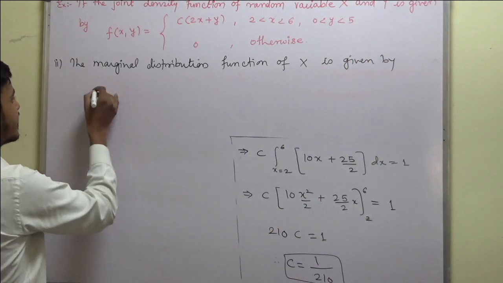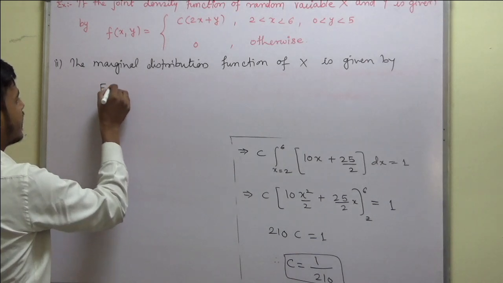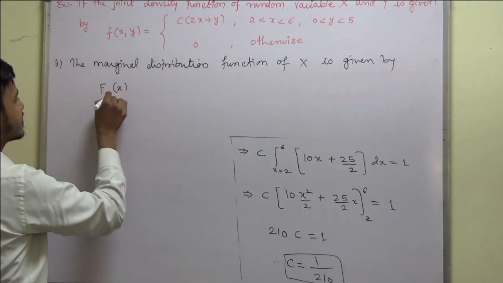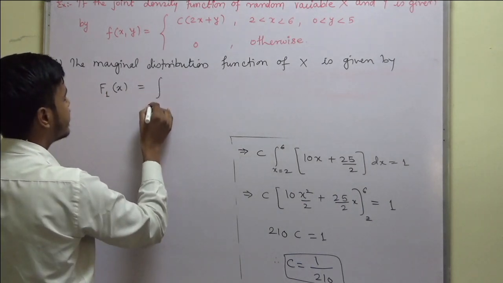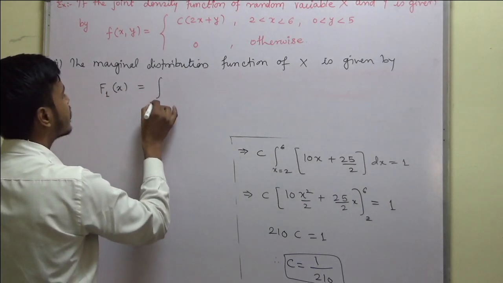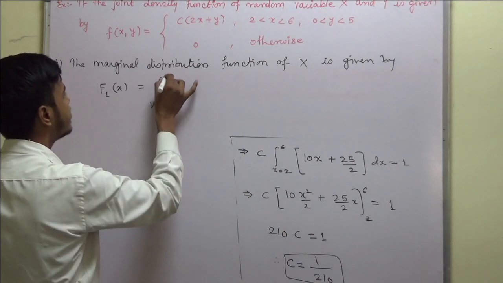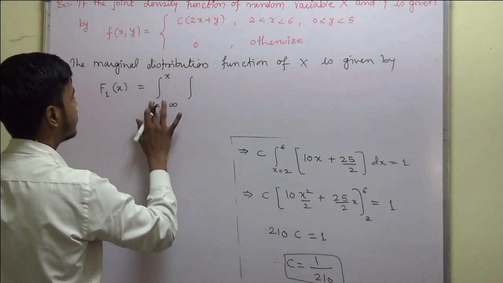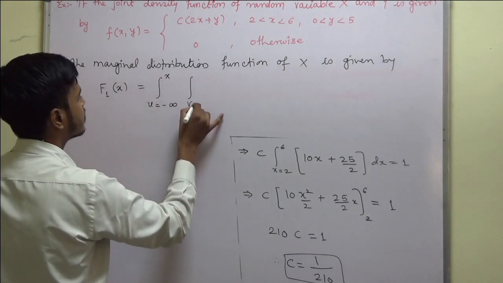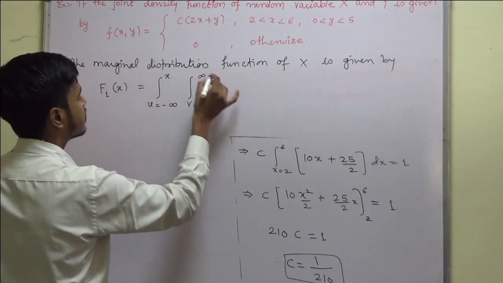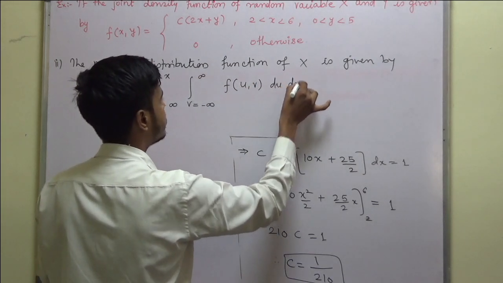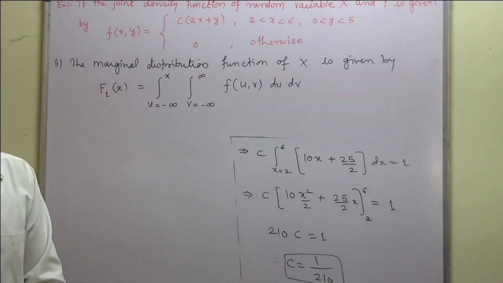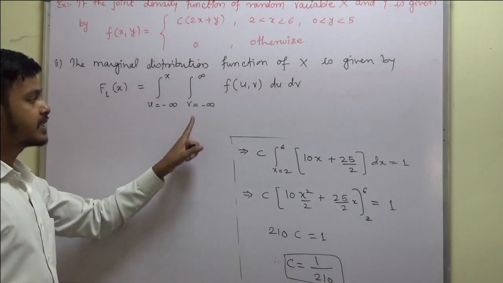So take care of the notations. f1 of x is equal to integration from v equal to minus infinity to infinity, u from minus infinity to x, f of uv du dv. That is the formula we have.